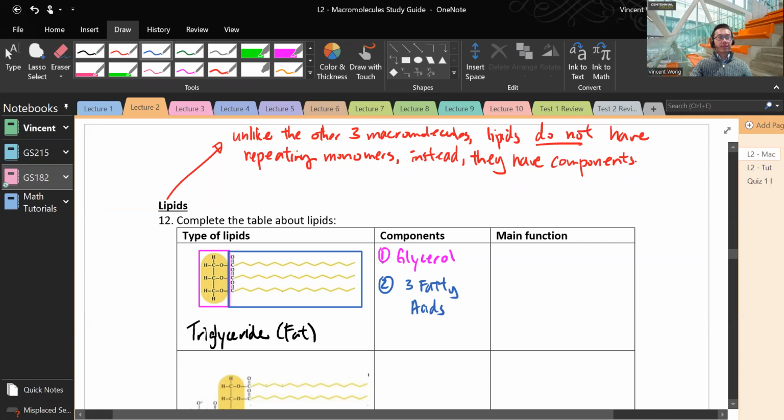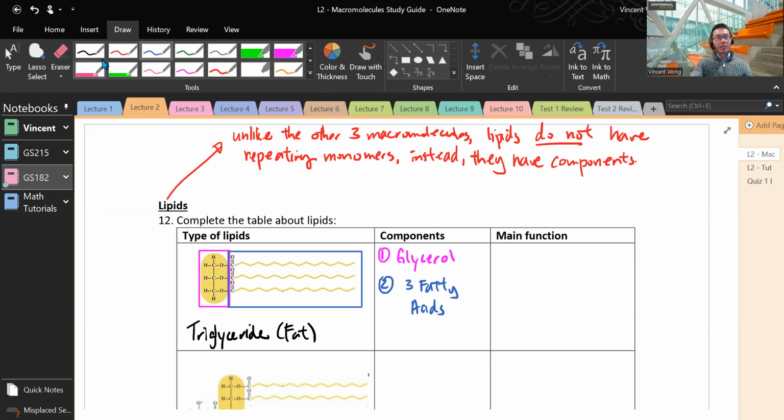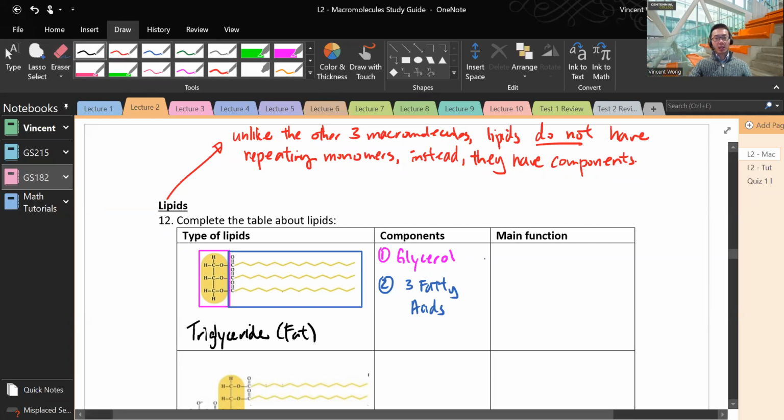What is the main function of fat? Well, fat is also very important as a storage form of energy. This is more for long-term storage. The glycogen that we talked about is for short-term storage. This one is for long-term.